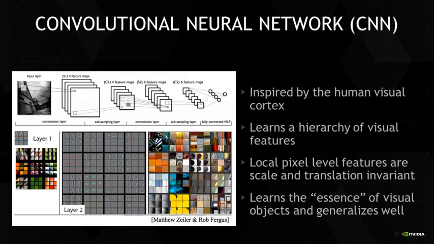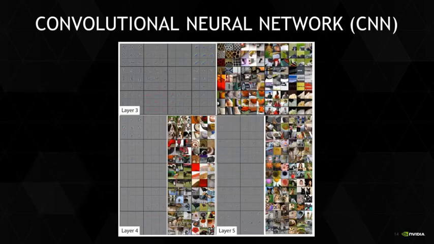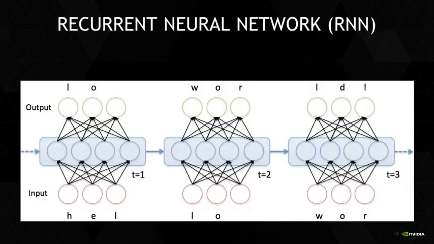And indeed, as we move to layers 3, 4, and 5 in this convolutional neural network, we learn higher and higher level features that are present in the image and useful for discriminating different types of images, until we're finally in layer 5 learning what dog faces look like and human forms look like and flowers look like. So convolutional neural networks are the leading approach to computer vision tasks.